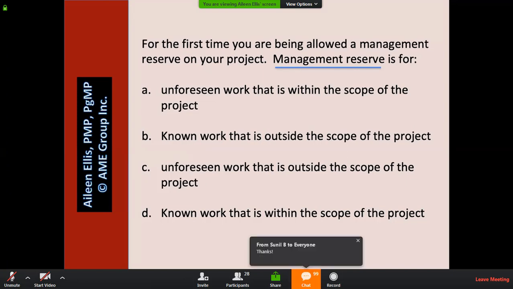When I look at the four choices, I see the words unforeseen, known, unforeseen, and known. So is management reserve for unforeseen work or for known work?